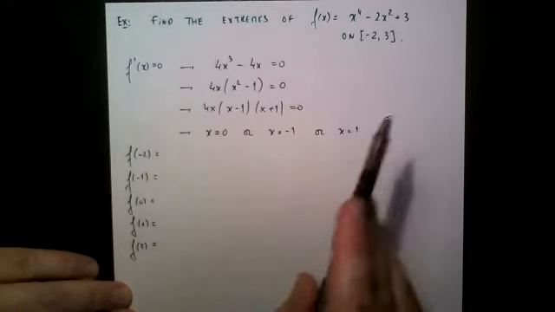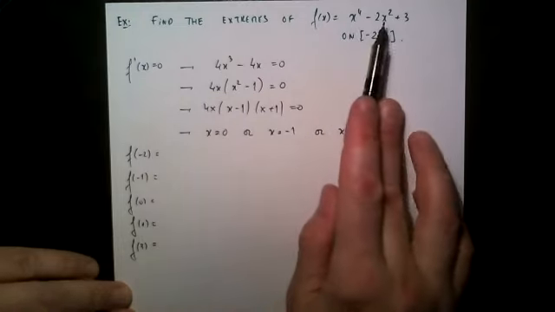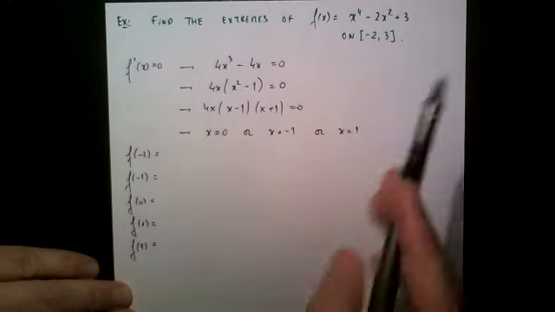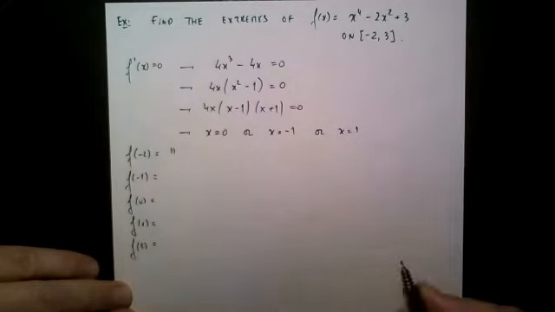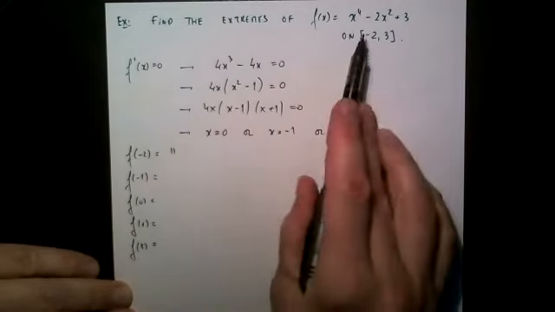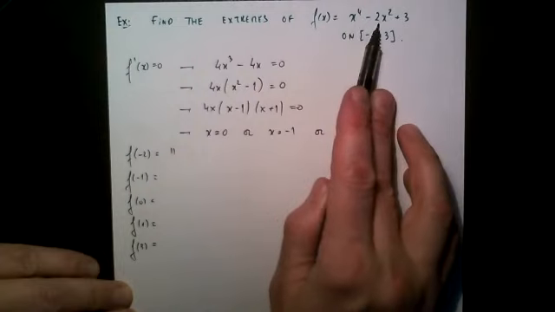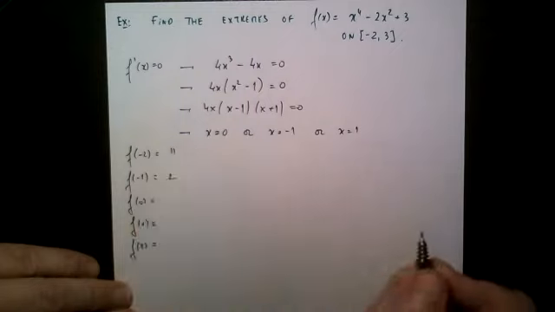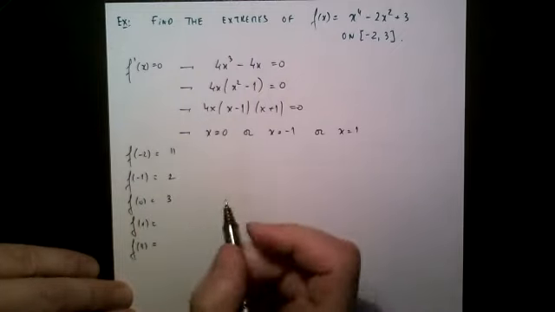Okay, let's go. F of minus 2 is 16, 16 minus 8 is 8, plus 3 is 11. Then f of minus 1, I get 1 minus 2 plus 3, so 2. F of 0 is 3.